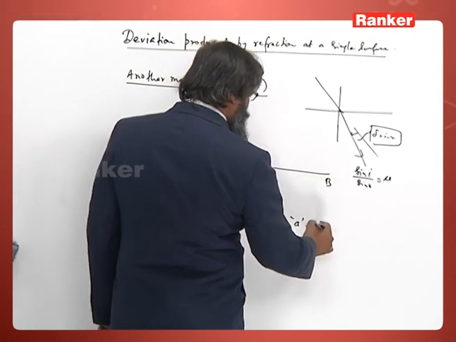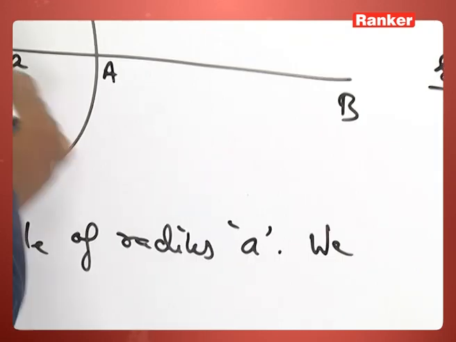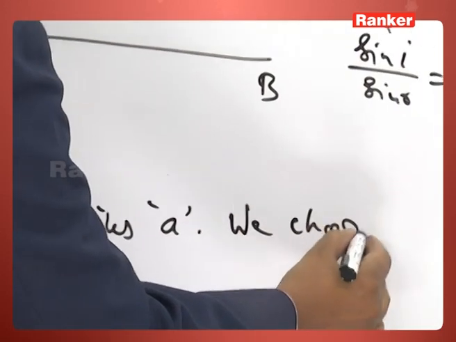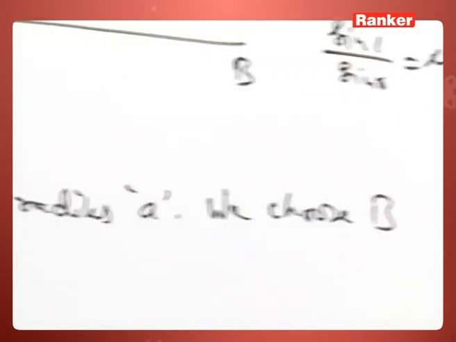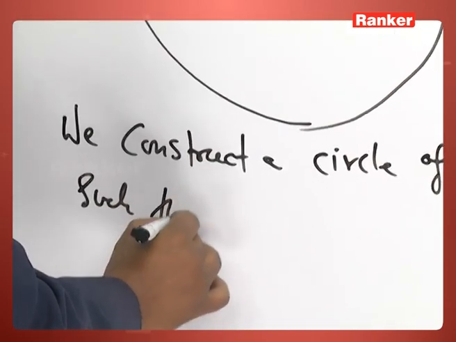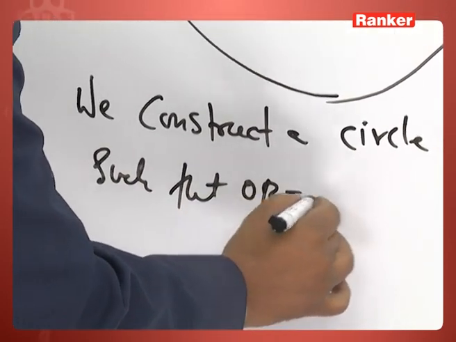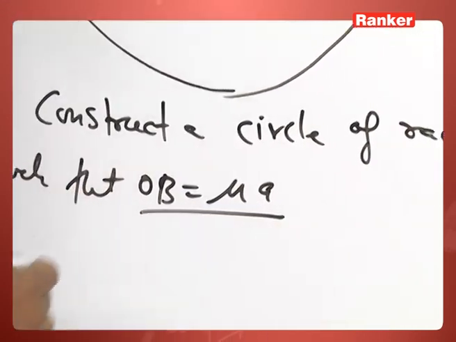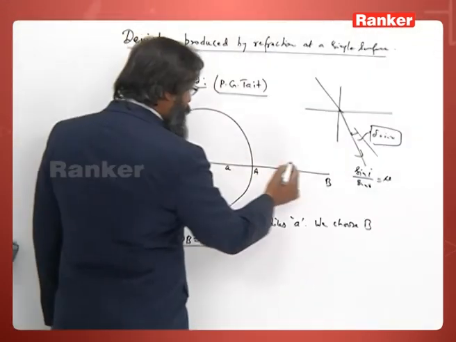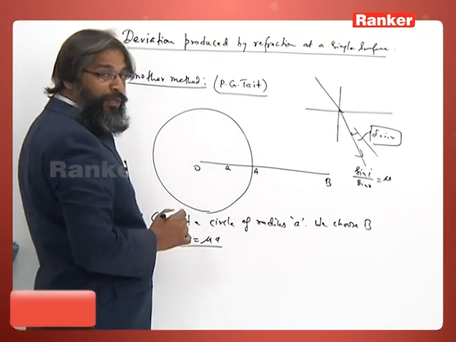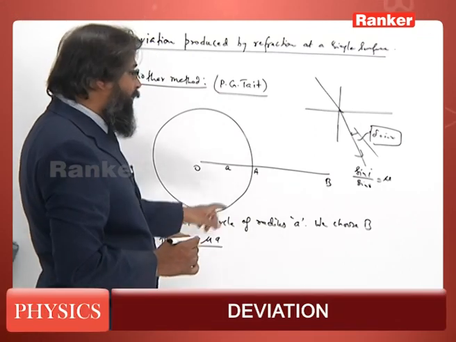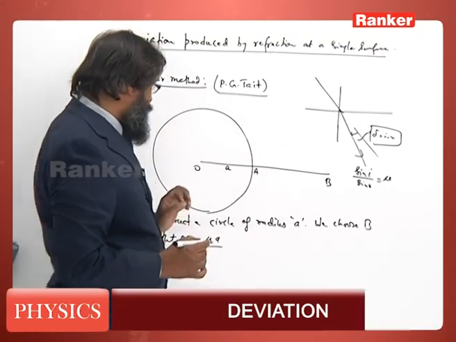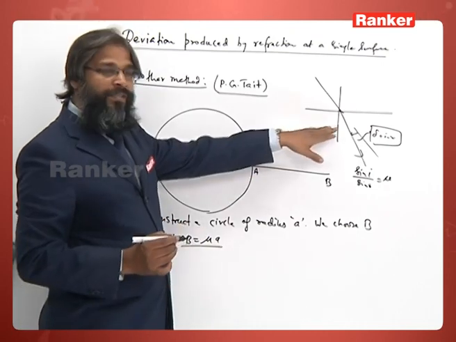Now, we choose B such that OB is equal to mu A, where mu is the refractive index of this medium.